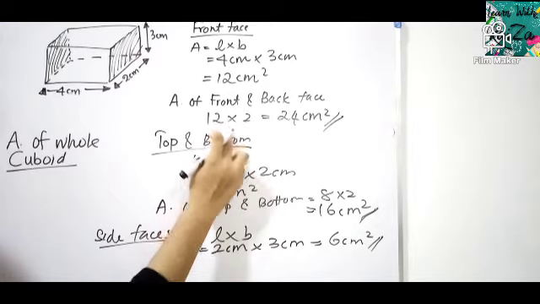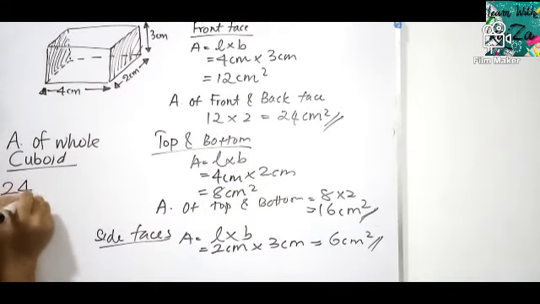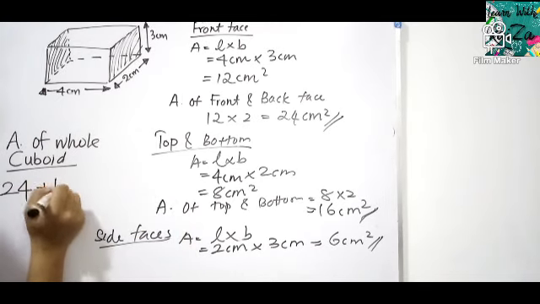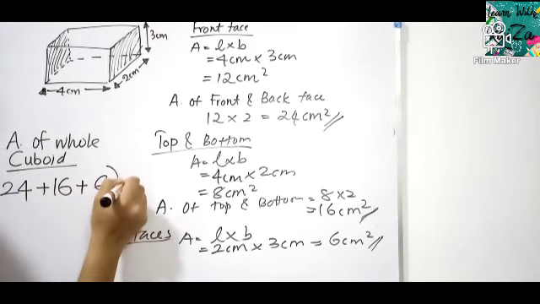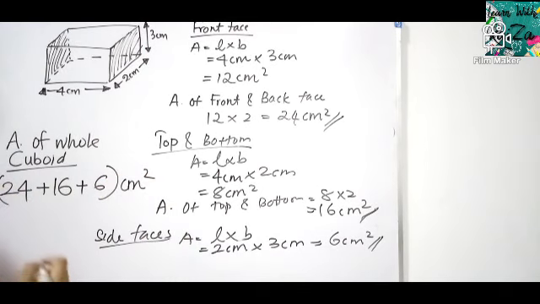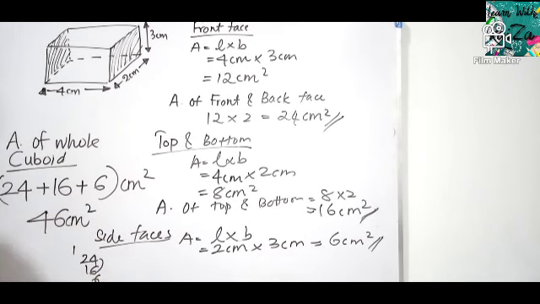Front and back area is 24 square centimeter, top and bottom area is 16 square centimeter, side faces area is 6 square centimeters. Please put the units. So when you add this, what do you get? 24 plus 16 plus 6. Yes, 46 square centimeter is the area of this.